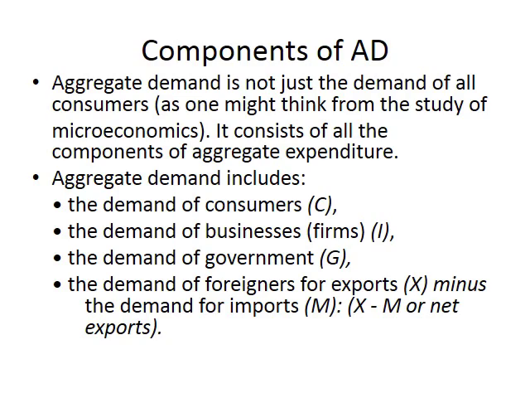So we have the demand of consumers, known as C for consumers, the demand of businesses or firms, which we refer to as I, standing for investment, which is when firms buy capital, and capital is what they need to make other goods and services. The demand of government, which we refer to as G, and then the demand of foreigners for exports. So we take exports minus the demand for imports, and we refer to that as X minus M, or net exports.